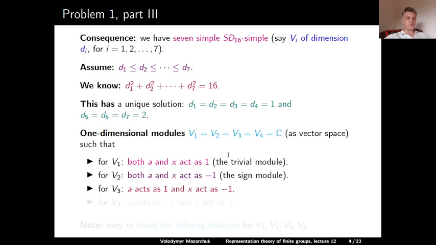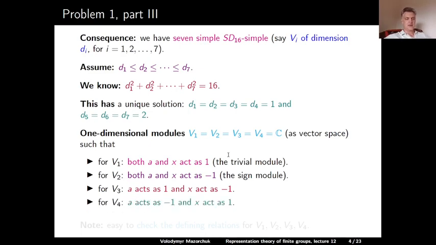Similarly, as the third one-dimensional module, we can take the module on which A acts as 1 and X acts as -1. Again, plugging this into the defining relations, we see that they all are satisfied, and so this gives us a module structure.